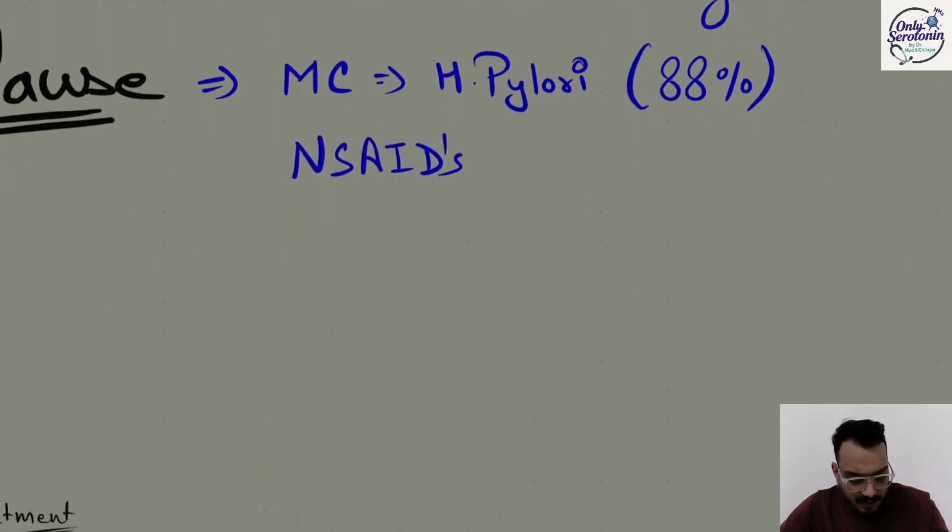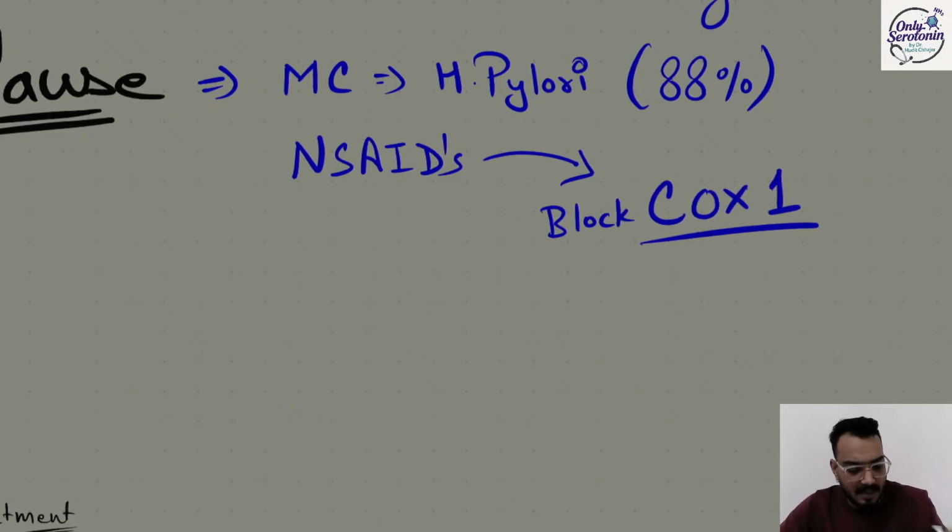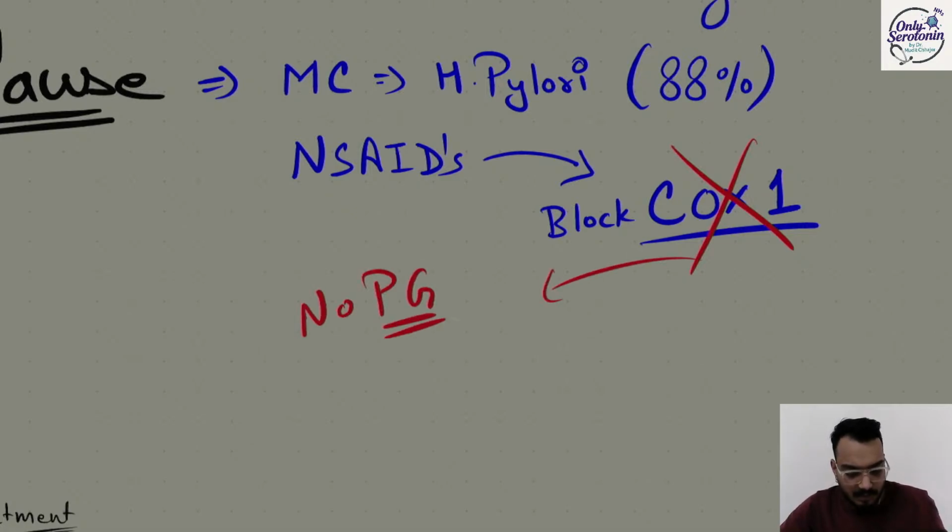How do these NSAIDs do it, guys? These NSAIDs are going to block one enzyme. The name of the enzyme is COX-1 enzyme, and this is the same enzyme which helps me to produce prostaglandins. So if there is no COX enzyme, there will be no prostaglandins. What we have studied about prostaglandins, guys, is that prostaglandins are potent inhibitors of your gastric acid secretion.